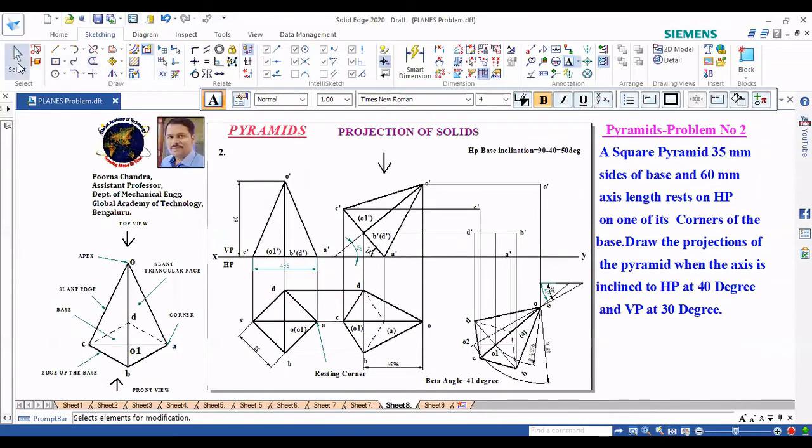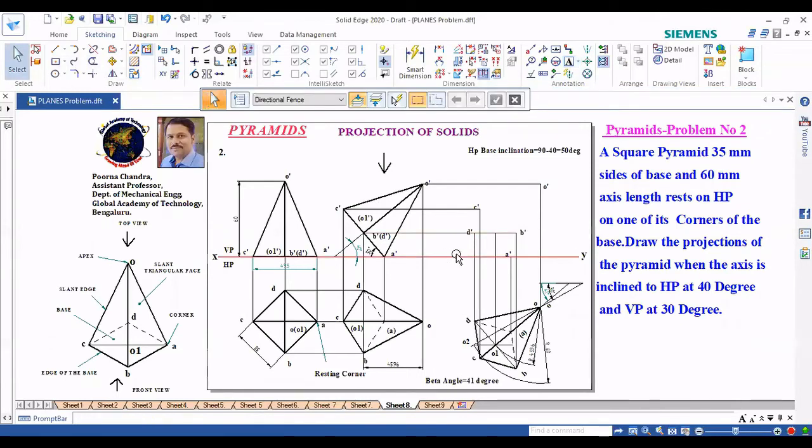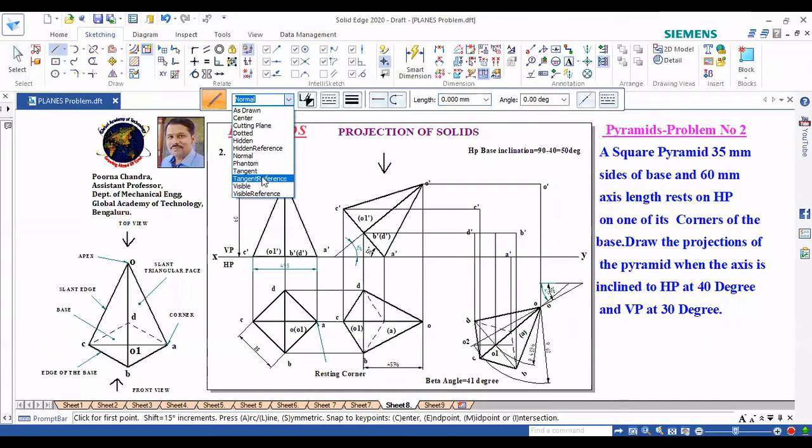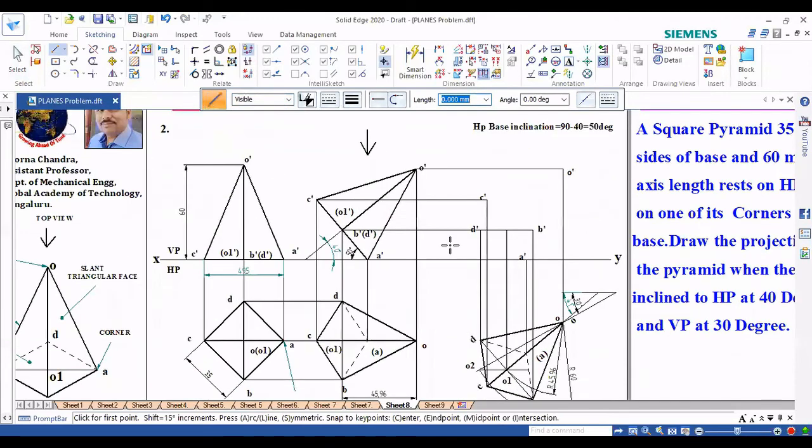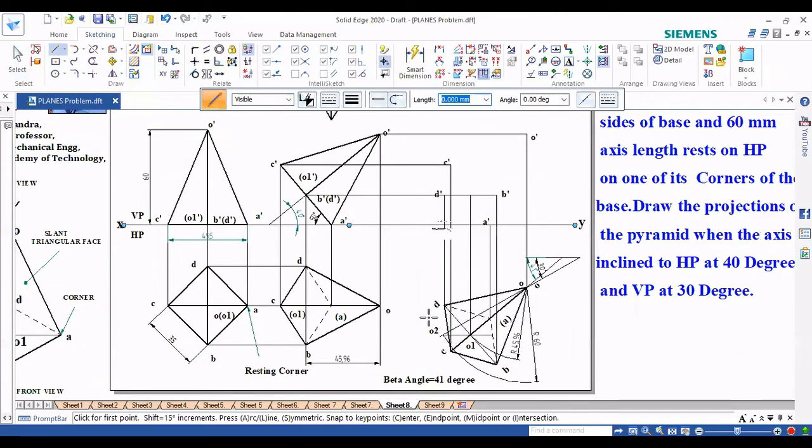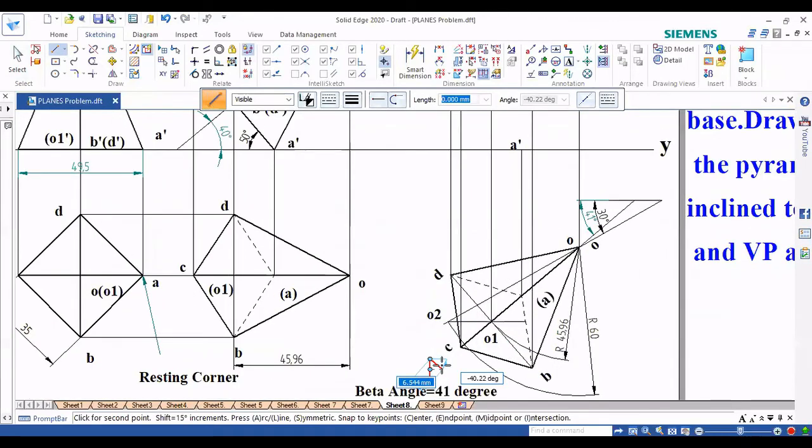Yes. Now if we check this, which are the visible edges? So we can select visible lines. Here, since the base portion is down and the observer is somewhere here, always the observer lies here. So the observer is watching from this direction. Okay.